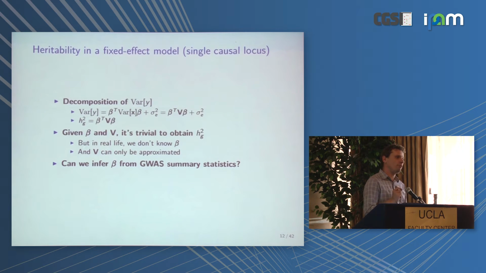You can assume that the effect sizes are randomly distributed variables, which is the standard mixed model idea, and there's a huge literature there. Or you can start treating them as fixed effects, and this is something that we think makes way more sense than treating them as random effects. So let me recast this.